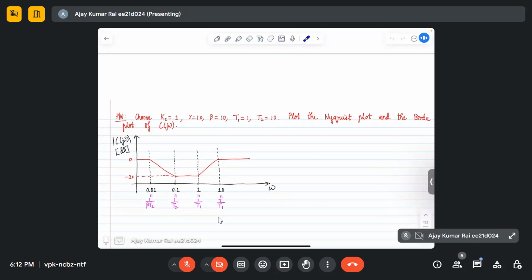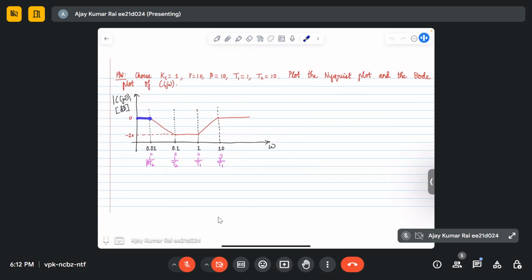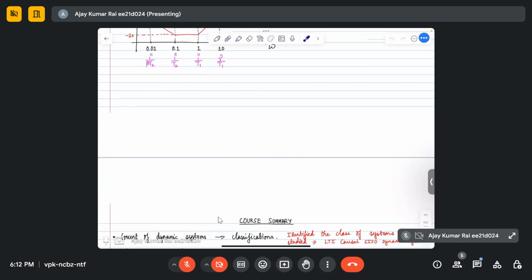This is how the Bode plot of the lag-lead compensator looks, right? You can see this is the lag compensator and this is the lead compensator. In the middle, you see the frequencies are being attenuated. You have to remember this.